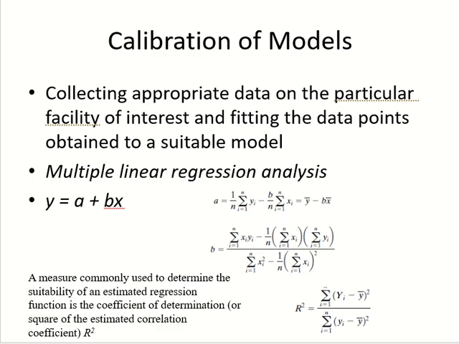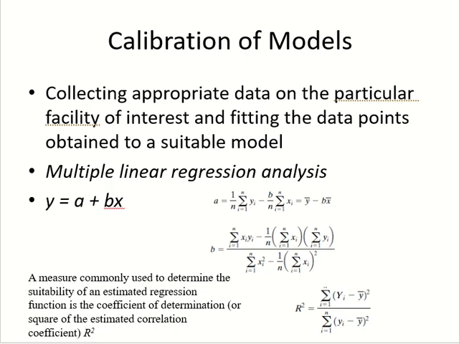So we find the constants of this model using the equation of a line. You see the equation y equals a plus bx. Equation of a line, right? Remember? You must have covered it in statistics.